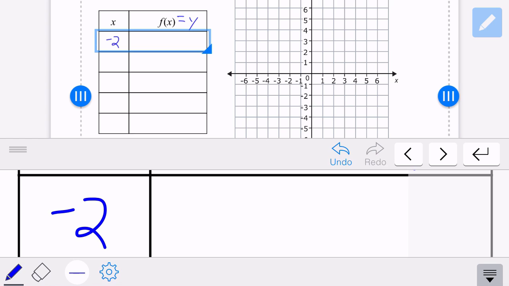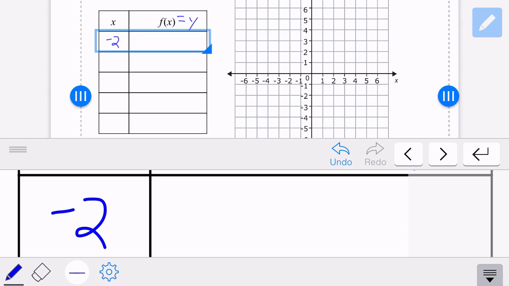I'm just picking those numbers. You can plug in anything you want, but a good section to choose would be from -2 to +2. That way you get some negatives, some positives, because a lot of times things will switch when you change your input from positive to negative and stuff. So that's just a good place to start.